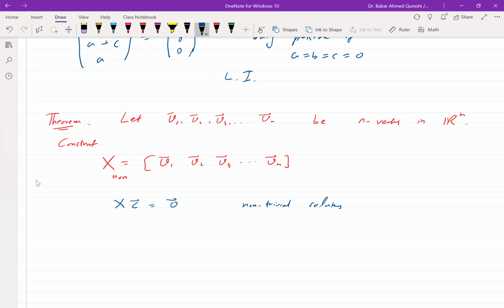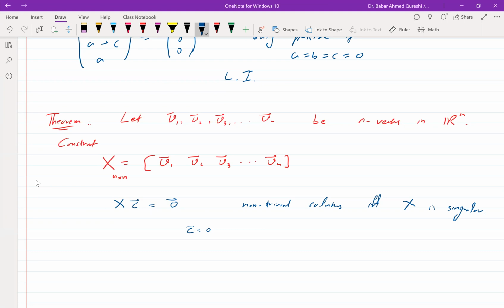We know when it's going to have a non-trivial solution: if and only if X is singular. Because if your X is not singular, I can multiply both sides by X inverse, and that will imply that necessarily this equation has only one solution, which is c equal to 0.